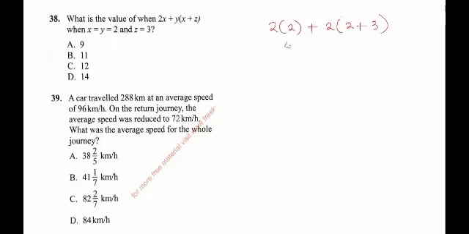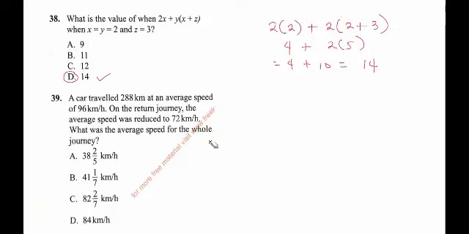So this is going to be 4 plus, this will be 2 times 5. So this is going to give us 4 plus, and this will be what? 10. So this is going to give us 14. So the correct answer here is going to be 14. So I'm going to mark my D.